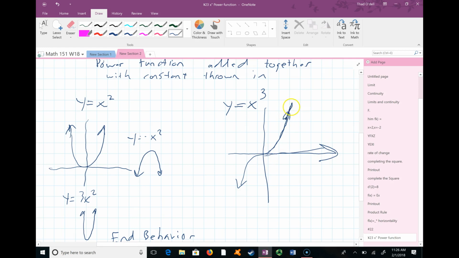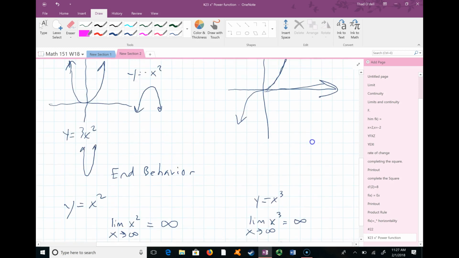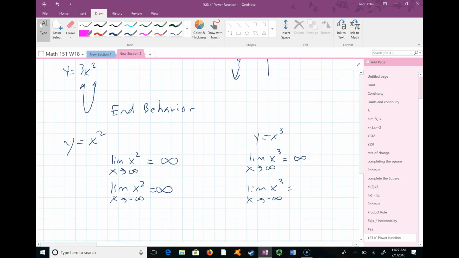Well, they're getting bigger and bigger also, aren't they? So as x gets bigger and bigger, my x cubed is also going to get bigger and bigger without bound. If you come back over here, this one's as x heads out negative, towards negative infinity, what are my y values doing? Well, in this case, they're going down, aren't they? So we would say that that's headed towards negative infinity.